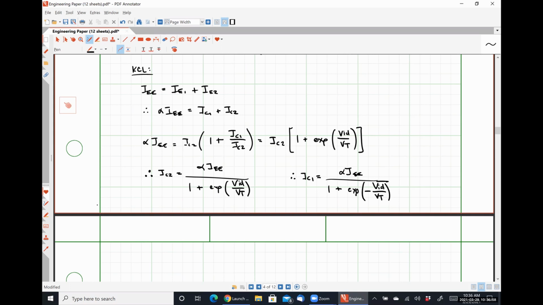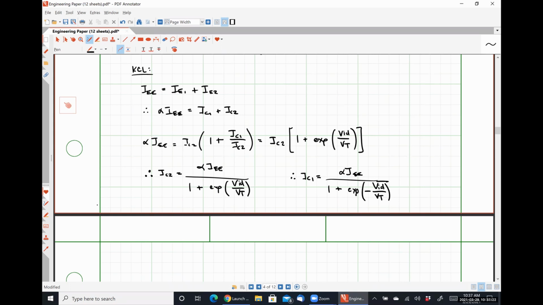When VID is positive, we see that IC1 approaches alpha IEE, and IC2 approaches 0. But here it's very obvious what the relationship is, right? VID over VT, where VT is the thermal voltage at roughly 26 millivolts.